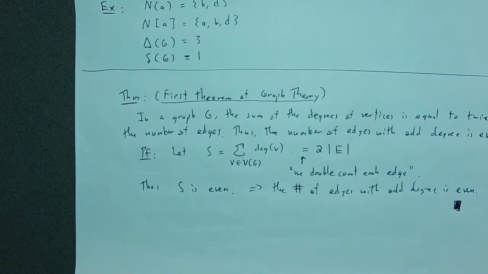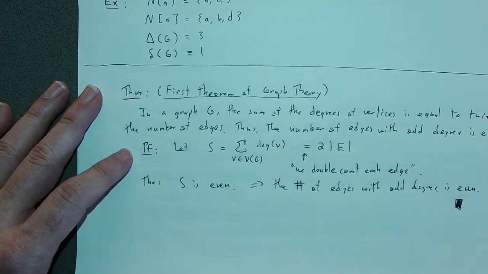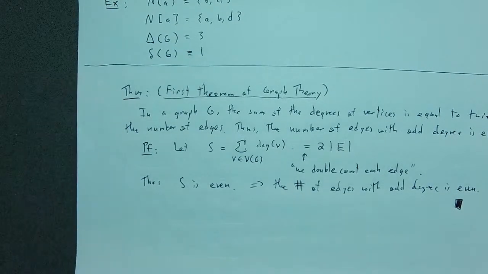So that's it. That's the end. And so that is our first theorem. This is telling you the relationship that summing all the degrees has with what that corresponds to. You're essentially double counting the edges here.